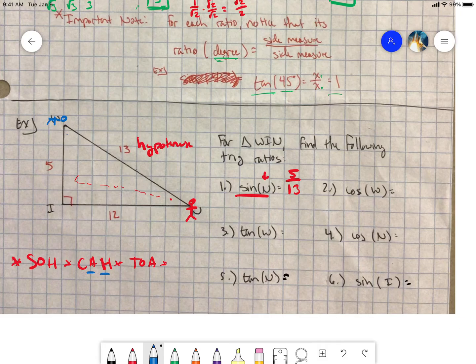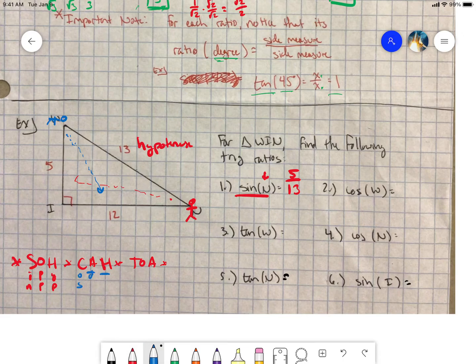So again, if I'm standing at W and looking into the triangle, is 12 my adjacent side or my opposite side? Opposite, right? But remember what this means: sine is opposite over hypotenuse.